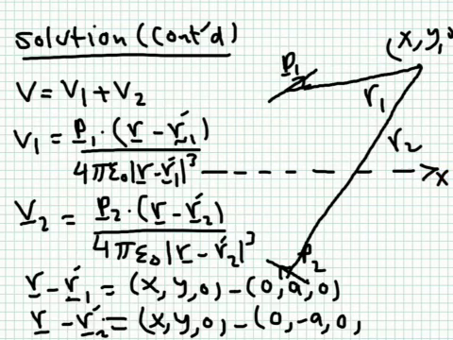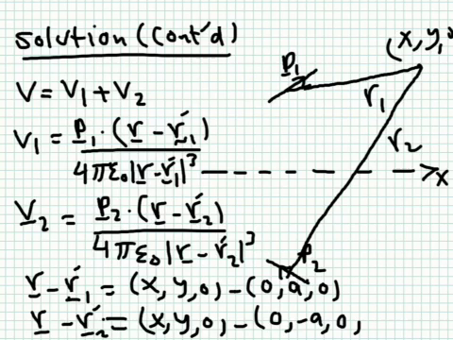We agreed in an earlier lecture that the potential resulting from a single dipole is given by the dipole moment dot (r minus r dash), where r minus r dash is the vector pointing from the center of the dipole, which is r dash, to the observation point, which is r. So this is the observation point here. It's x, y, and 0. I assumed it's in the xy plane. And this is divided by 4 pi epsilon naught modulus of (r minus r dash) to the power of three.